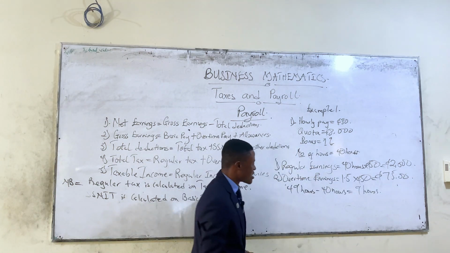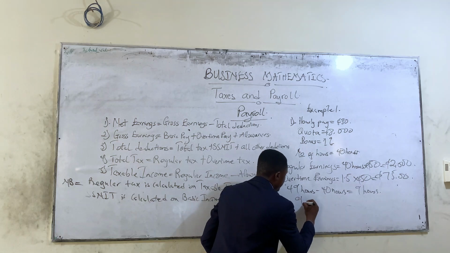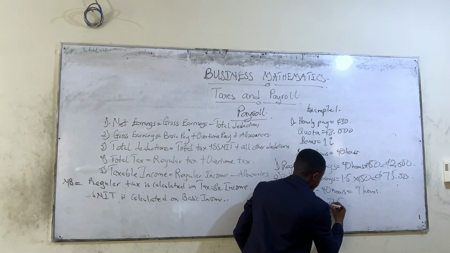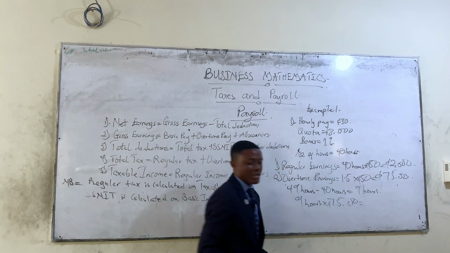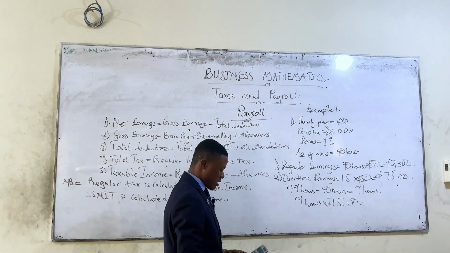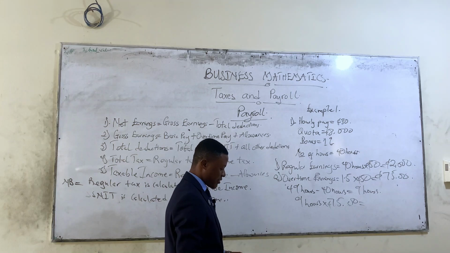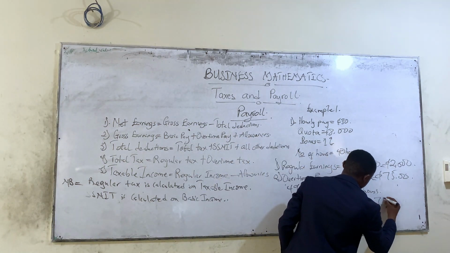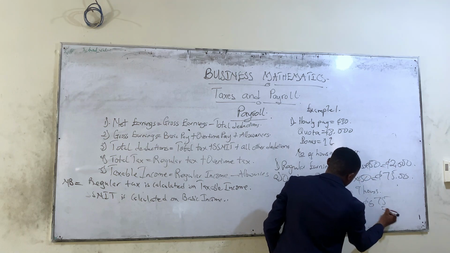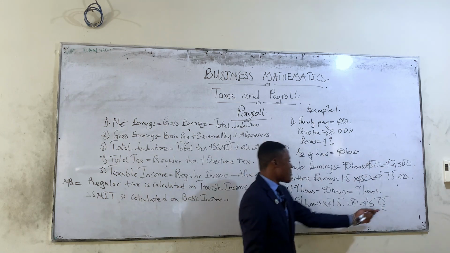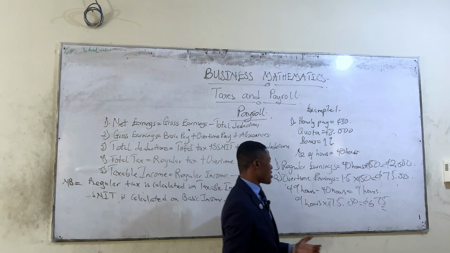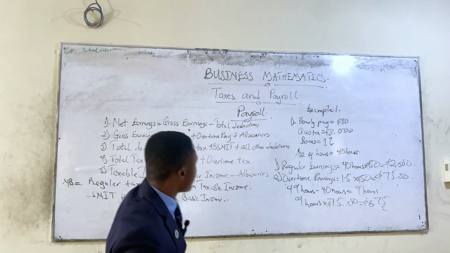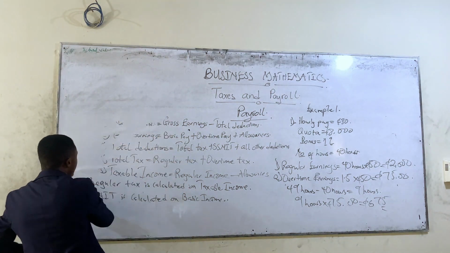If you multiply the 9 hours by 75 cedis, we are getting 675. So this becomes his overtime earnings, and this becomes his regular earnings.